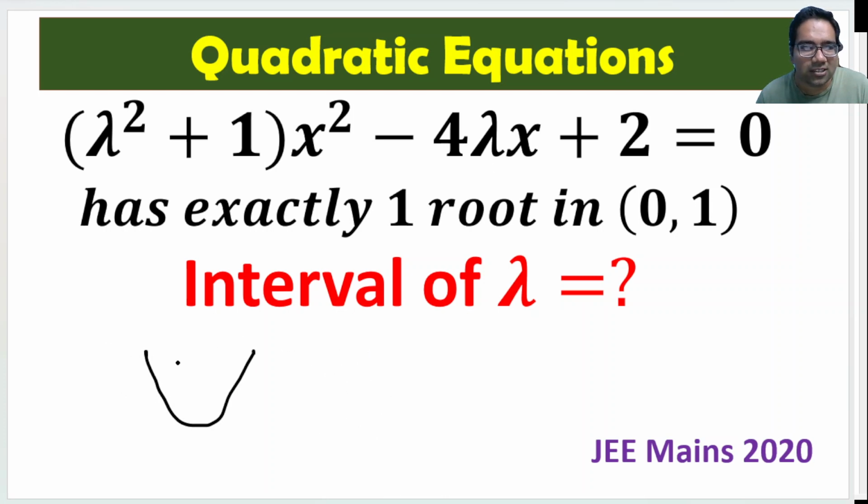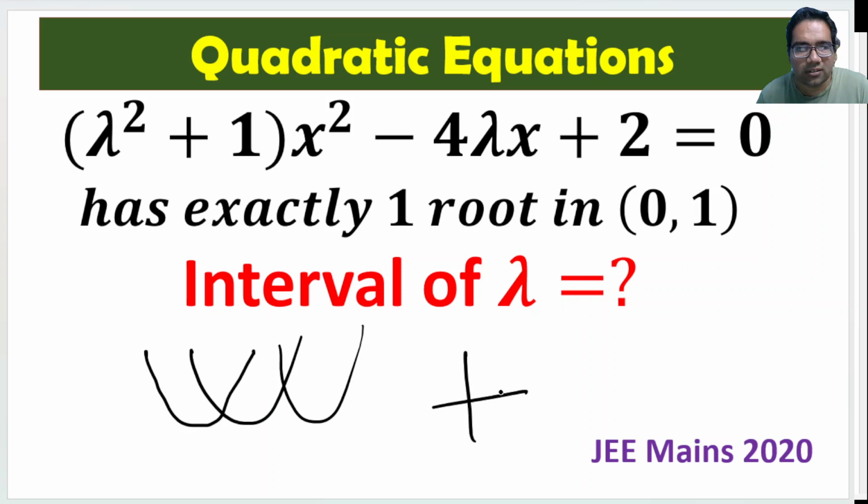And all these parabolas will always go through this point 0, 2. They can be like this, like this, like this, whatever.